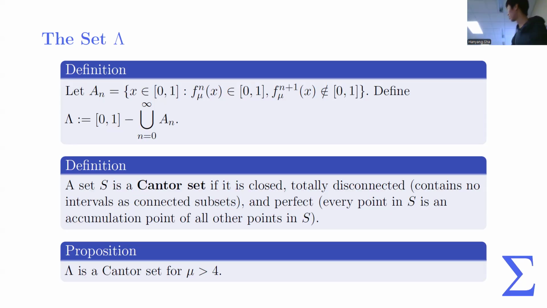And then you can prove that for mu greater than some quantity, the set Lambda is a Cantor set.